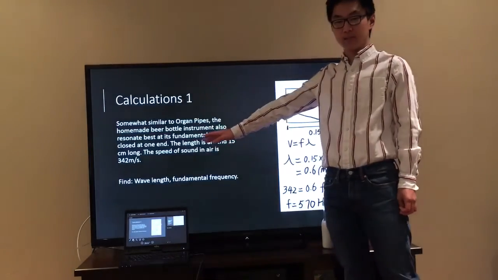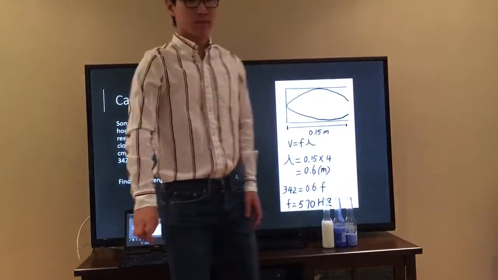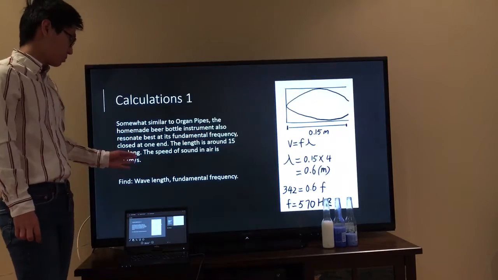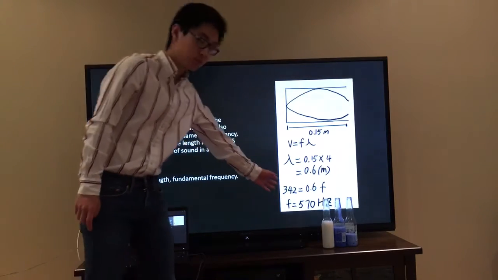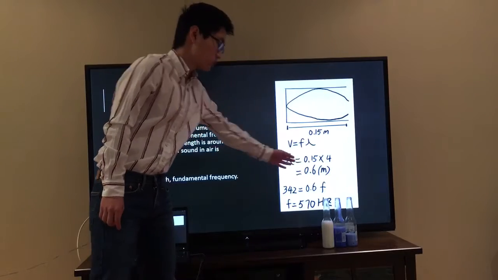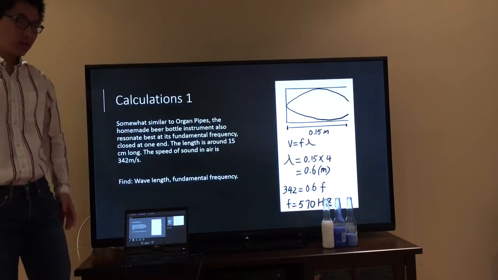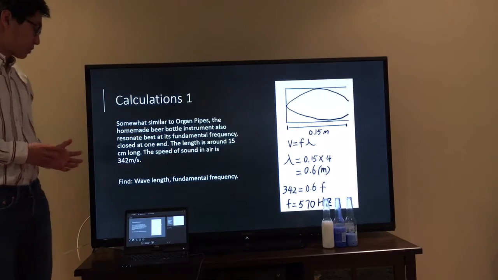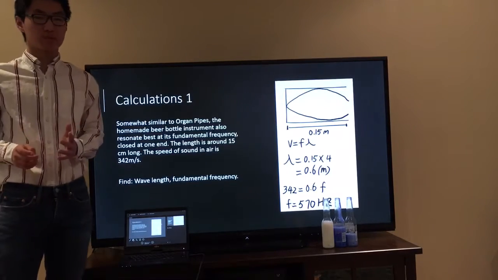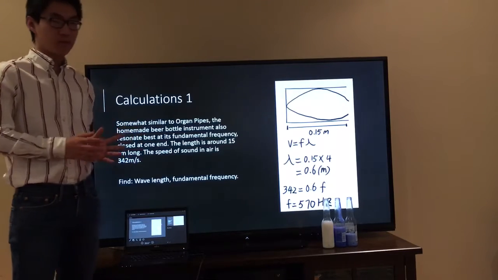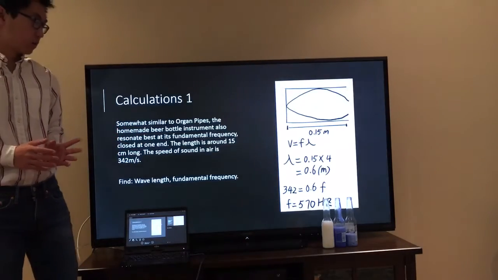And since the speed of sound in air is 342 meters per second, we can get 342 = 0.6 f, and f ultimately gets you 570 hertz. Now, to answer this question: the wavelength is 0.6 meters, and the fundamental frequency is 570 hertz.